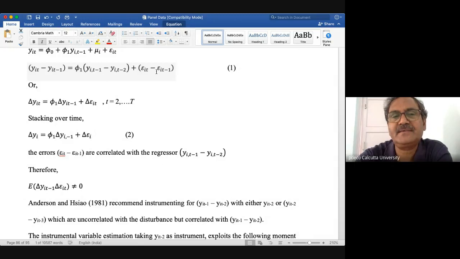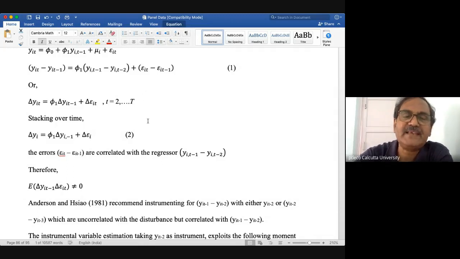So you can take any past value starting from t minus 2, or the differenced value of y starting from t minus 2, as an instrument. So there are several possibilities for taking instruments. But in the Anderson and Hsiao model, we have taken only one instrument, for example, yit minus 2 only, as we have shown you.